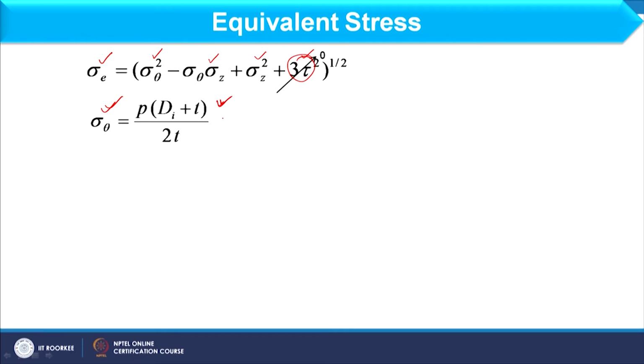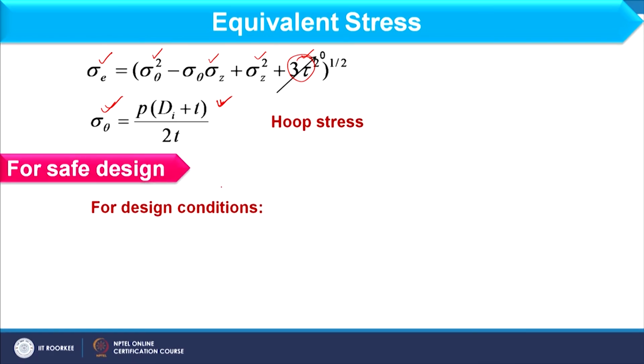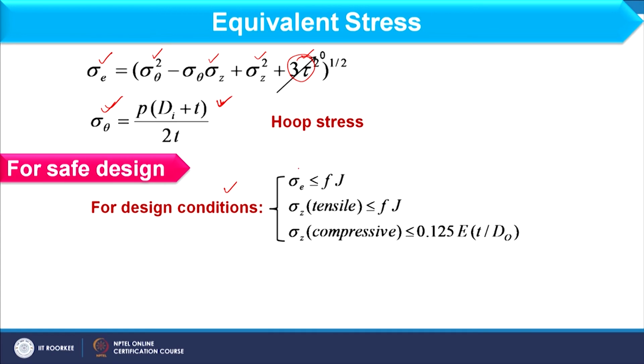You can refer that. So, for safe design we should consider some design conditions such as sigma E, that is equivalent stress, should be less than or equal to Fj, sigma Z tensile should be less than or equal to Fj, sigma Z compressive should be less than or equal to 0.125 E T by D naught, right.